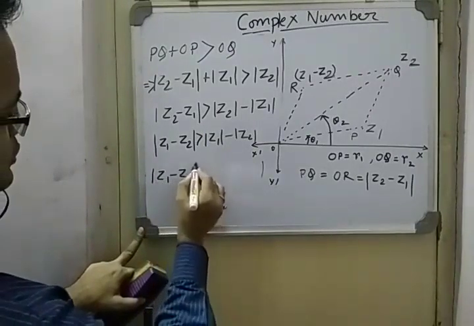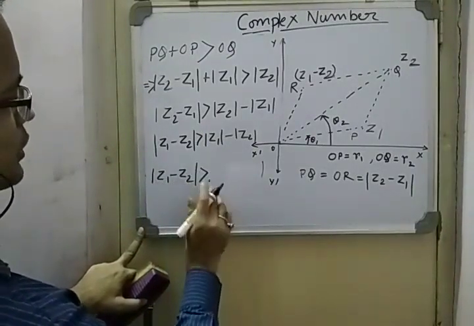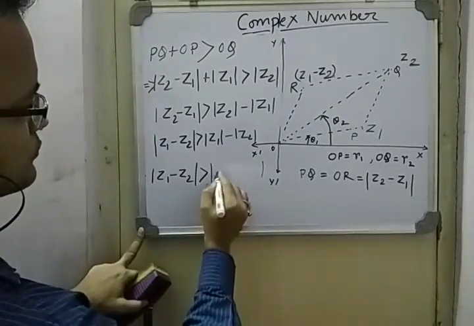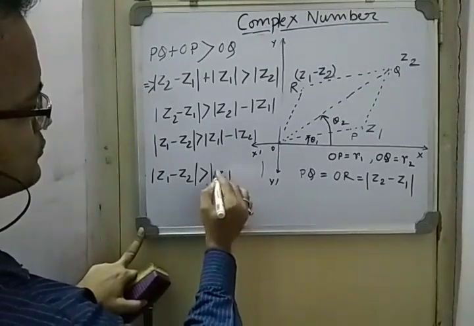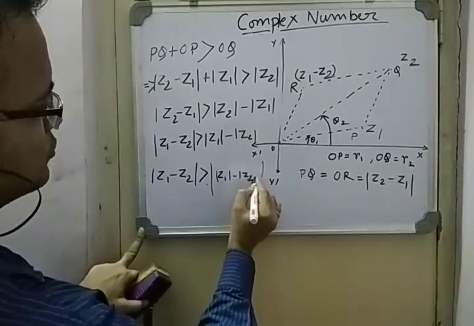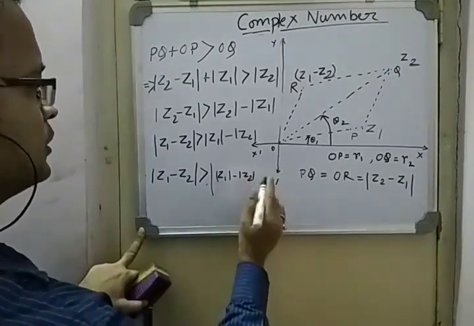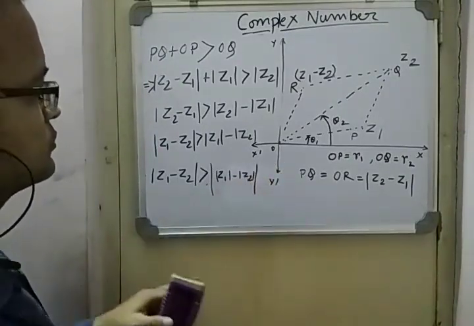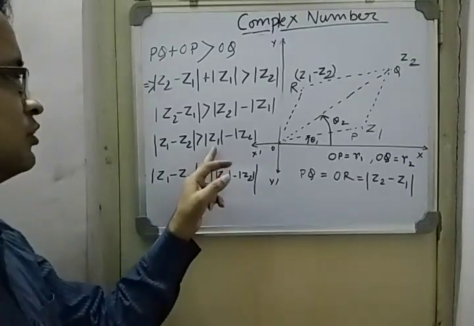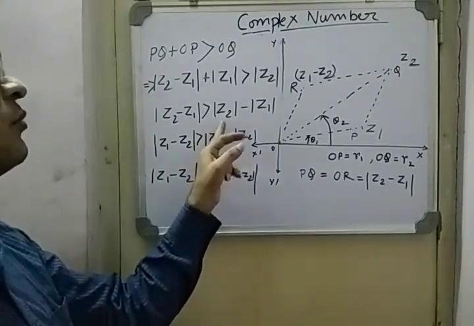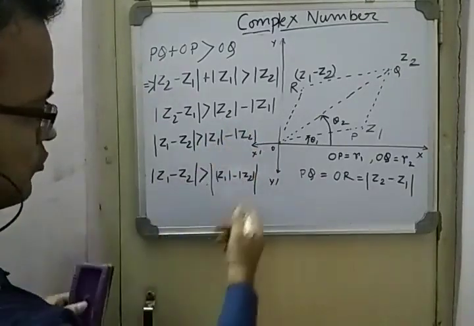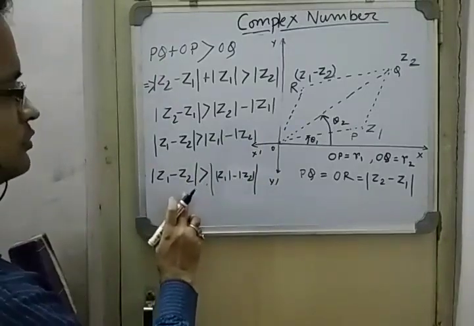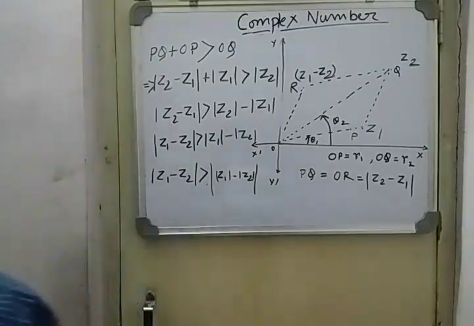Modulus of this is greater than what? Z1 minus Z2. Okay, take mod of this one. So whether it's mod Z1 minus mod Z2 or mod Z2 minus mod Z1, take a mod of that. Mod Z1 minus Z2 will be greater than that always.